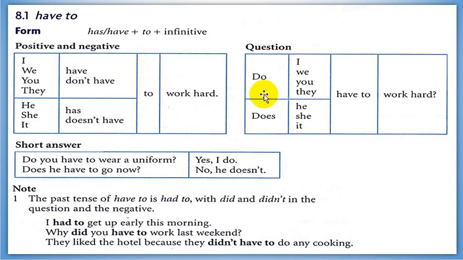Questions with do and does are also in the present tense. In the past tense, we use had to, did in questions, and did not have to in negative statements.